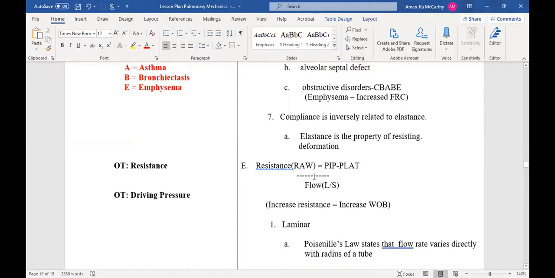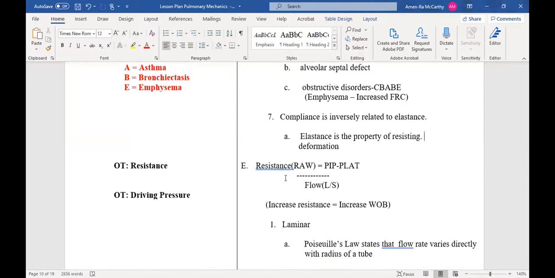Now we're going to get into resistance. Resistance, which is in liters per second. That's when we talked about the flow going through your airway, right? When it starts hitting the wall, or if the flow is going faster, the more resistance it builds up.